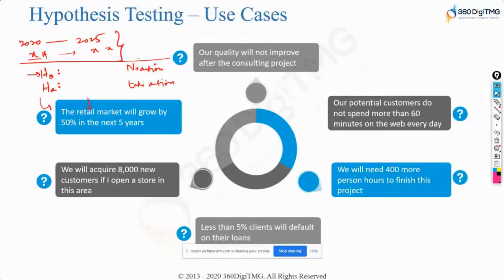Because your financial advisor or your business advisors are saying retail market will grow by 50% or it is going to double in next 5 years. That means they have done their calculations. ROI calculations have been done, and they're suggesting this because you would get profits.